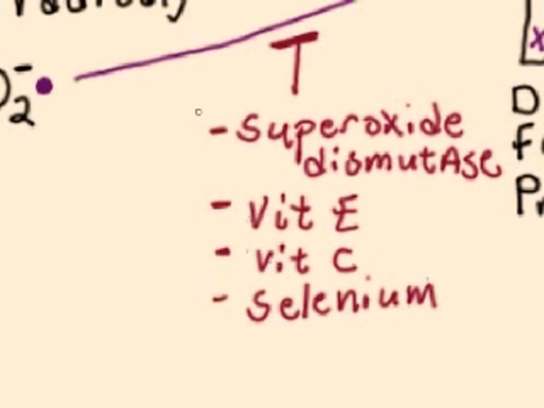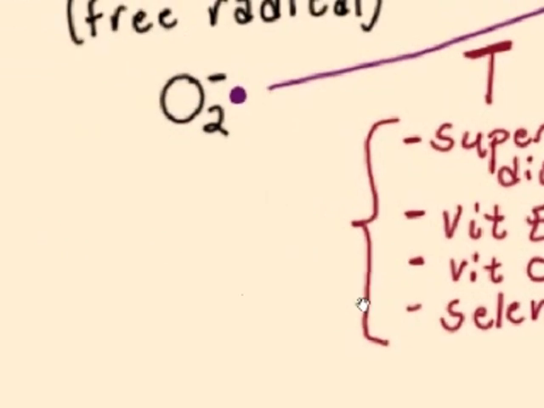Now, as a group, these substances that block the free radicals or stop the oxidation caused by free radicals are called antioxidants. Antioxidants.